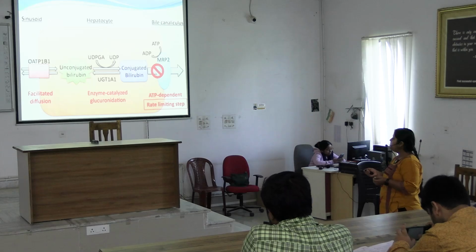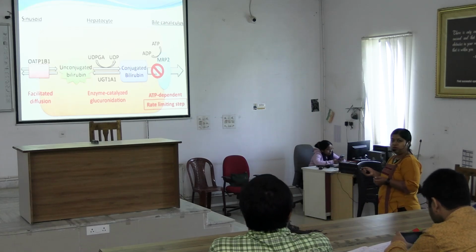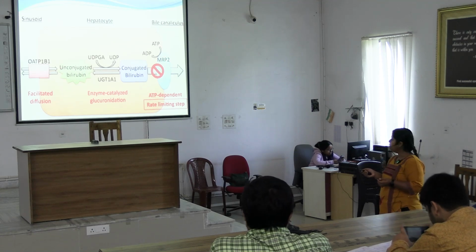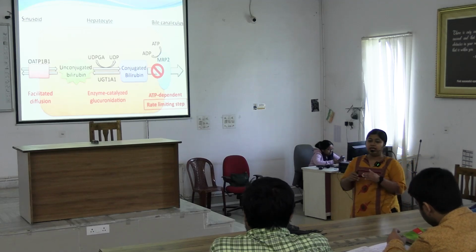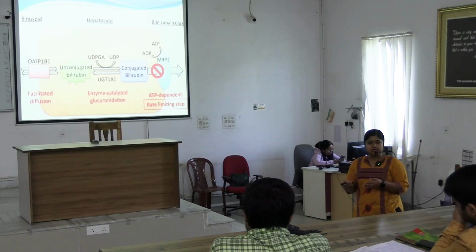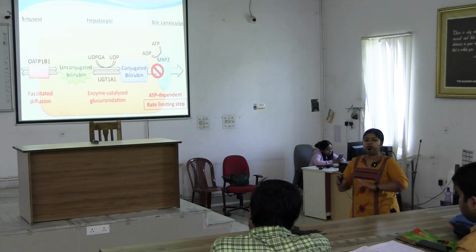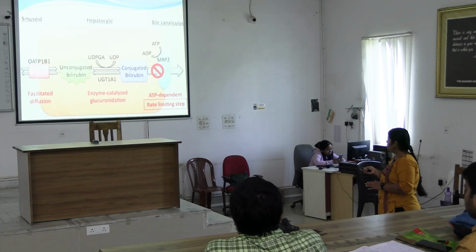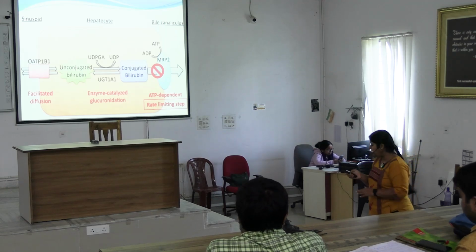Now, this conjugated bilirubin is excreted out into the bile canaliculi or the bile duct by the MRP2 protein, which is ATP dependent. Okay, clear? And why is this ATP dependent? Because this occurs against the gradient. In the bile duct, conjugated bilirubin concentration is much higher, so we have to push the conjugated bilirubin from the hepatocyte to a higher gradient. For that, ATP is required. This is also the rate limiting step of overall bilirubin metabolism or heme catabolism.